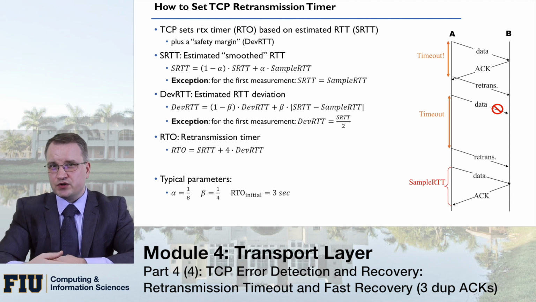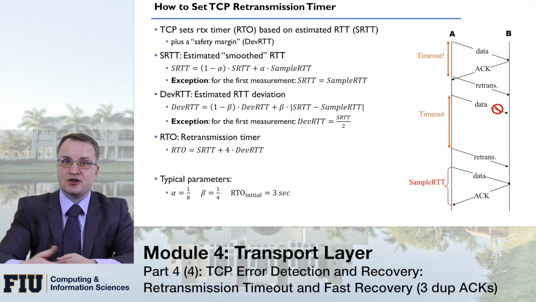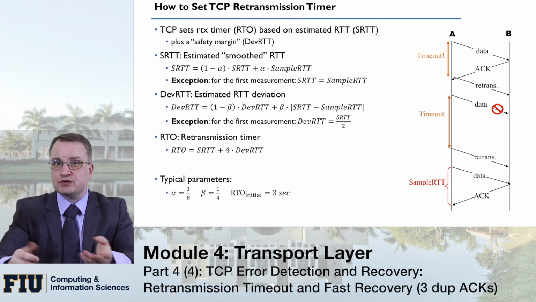So this is a very coarse granular timeout that you're setting, but this is at least after the initial RTT measurement. As you keep receiving more samples of RTTs from the network, you will be adjusting the RTT deviation, and your RTO will get closer and closer to the actual smooth version of RTT. It will still be a little bit larger because there's still some variation, but it will be approaching that value.